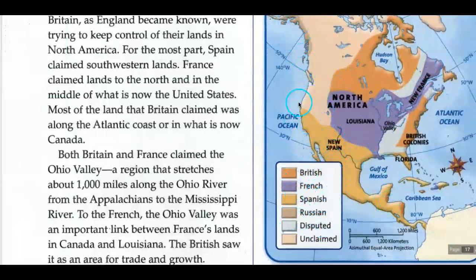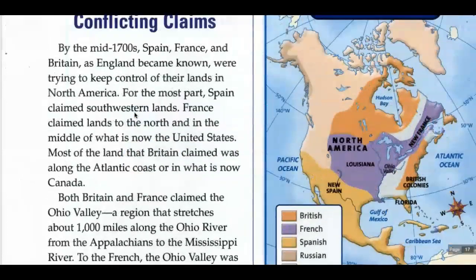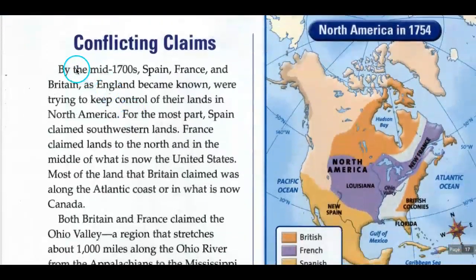Spanish. So we've got California, Baja, Mexico, Texas, and Florida, as well as some of the Caribbean. This light bluish color, disputed, means the British and the French are claiming some of these lands. They're saying, this is my land. No, it's my land. Up here, the same thing. Disputed territories. Well, here it's the British and the French. Okay, so conflicting claims. Let's read.